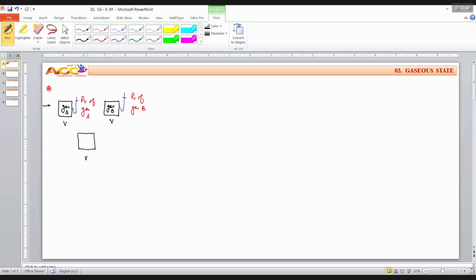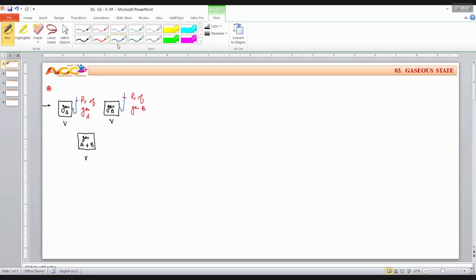Now suppose I have taken a third container whose volume is again V. In this container, I have taken gas A and gas B, both of them. Here I am having N1 moles of gas A and N2 moles of gas B, both of them added, but the volume is kept constant. Of course, temperature is also constant because I am doing the experiment under similar conditions, room temperature.